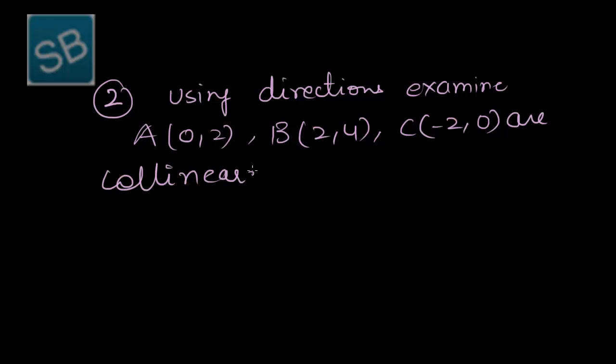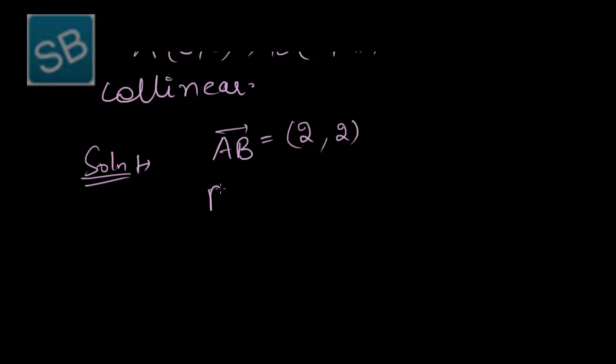That is the case of R square. So first we will take AB, that is the position vector of AB in R square: 2 minus 0 is 2 and 4 minus 2 is 2, and as well as position vector of BC.